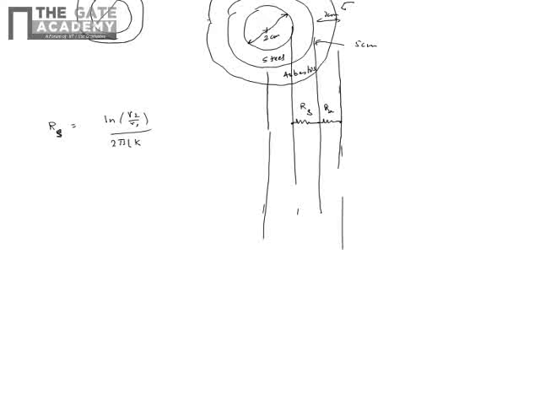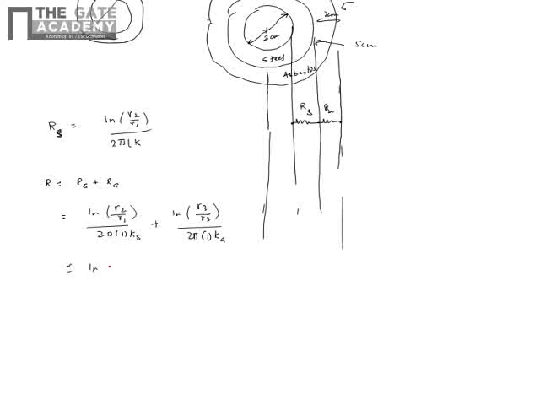Let's say the inner is 600 degrees Celsius and the outer is 0. So the total resistance is R_steel plus R_asbestos, because in series they add: ln(R2 by R1) by 2 pi L K_steel, plus ln(R3 by R2) by 2 pi L K_asbestos, with L per unit length.